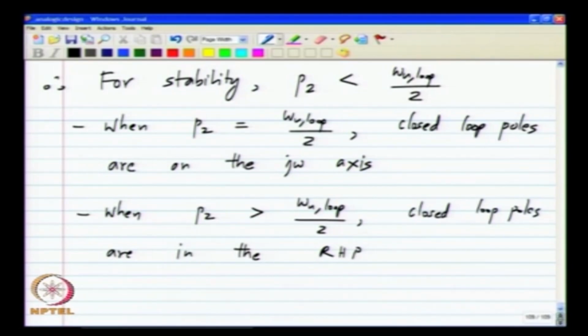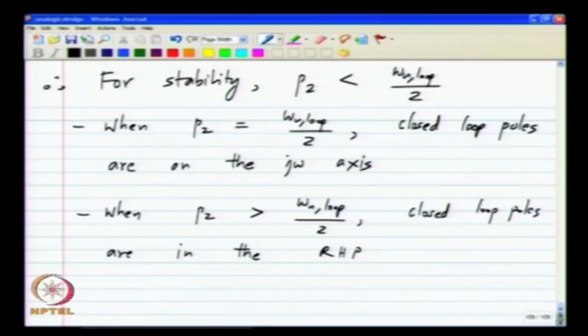Okay. So, just as before, when P2 becomes very small, the equivalent delay becomes very large and the system becomes unstable.